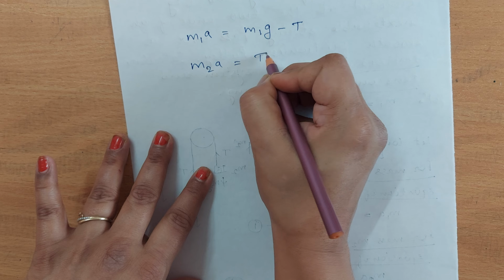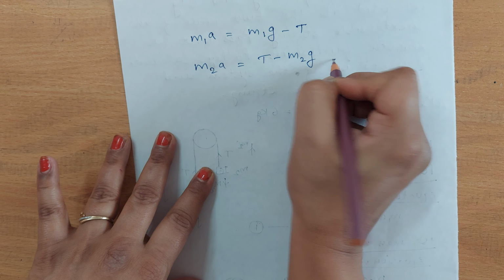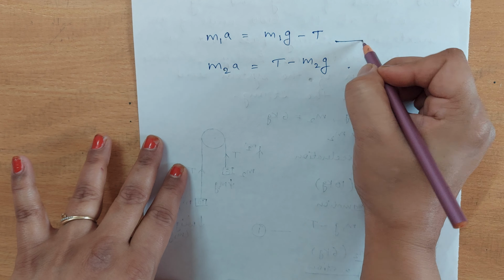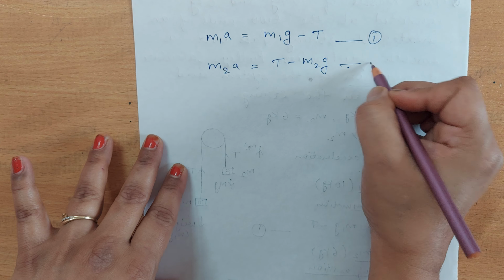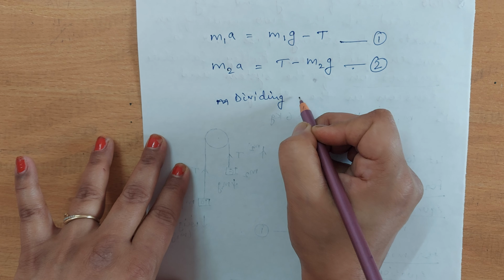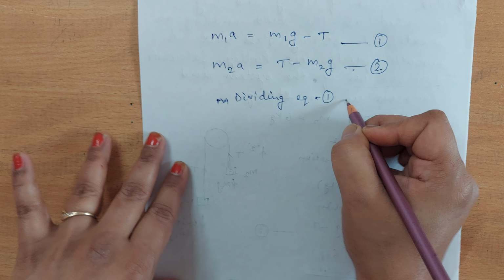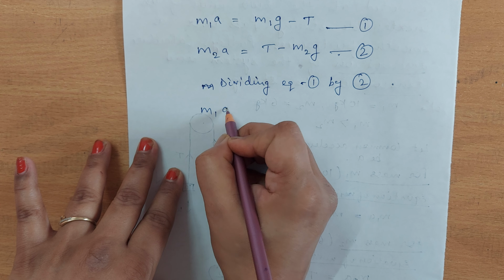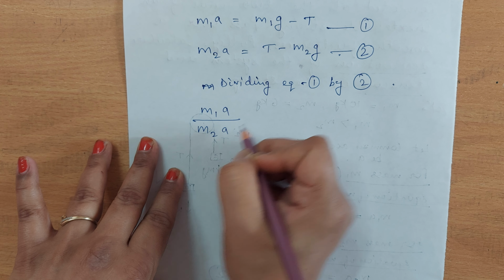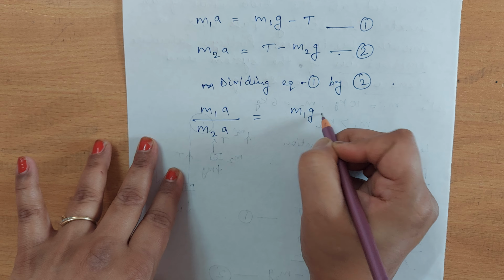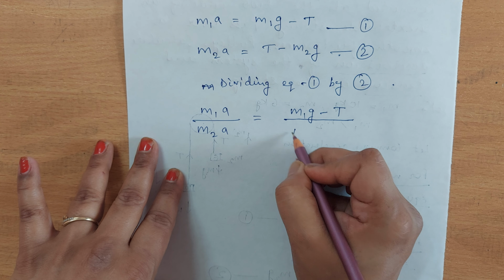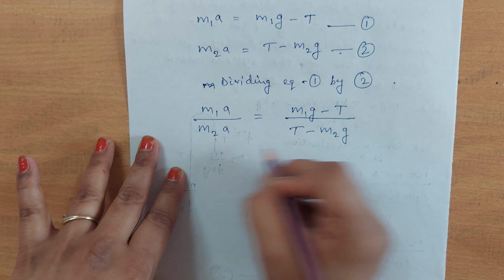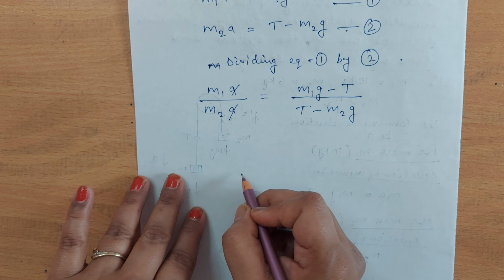If we divide equation 1 by 2, m1a by m2a is equal to (m1g minus T) divided by (T minus m2g). These two a's will get cut.